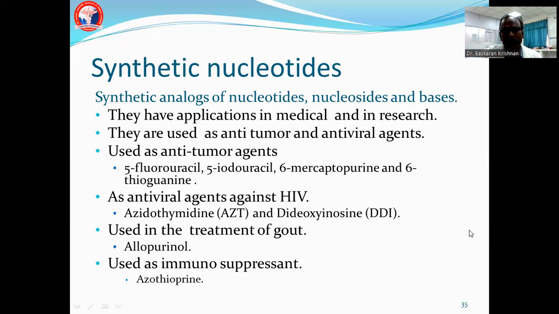For example, as anti-tumor agents, 5-fluorouracil, 5-iodouracil, 6-mercaptopurine, and 6-thioguanine. As antiviral agents against HIV, azidothymidine and dideoxyribonucleotides. In the treatment of gout, allopurinol, and as an immunosuppressant, azathioprine is used in transplants to prevent tissue rejection.